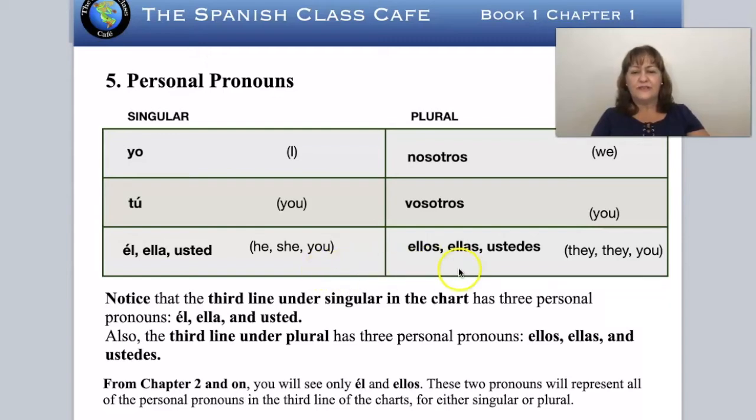Then, as I was telling you, I use this format for the charts all through my book, and it's conveniently located here, usted with the 3rd person in both sides, singular and plural, because it will match the charts with the conjugation of the verbs and the reflexive pronouns and direct and indirect object pronouns.